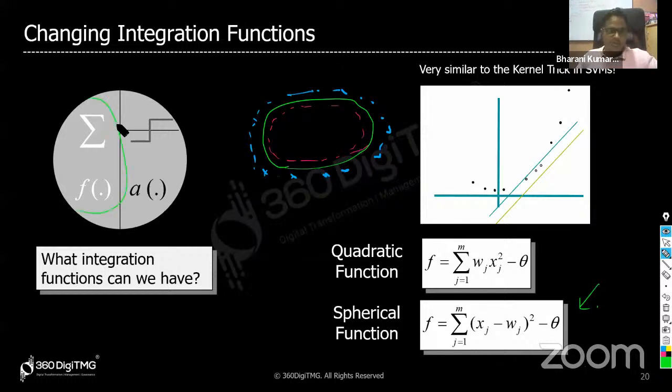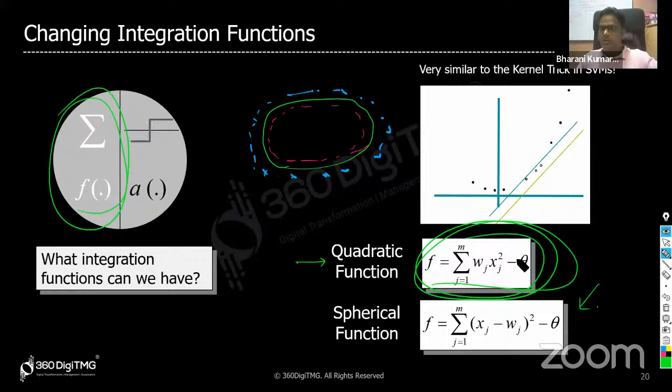So this integration function to capture quadratic function pattern, this is a function that you need to use. This theta value is nothing but b bias. That b is given a special name called bias. And you have spherical function. If you have a spherical shape, this integration function, instead of just multiplying and adding, if you apply this, then it works for you.